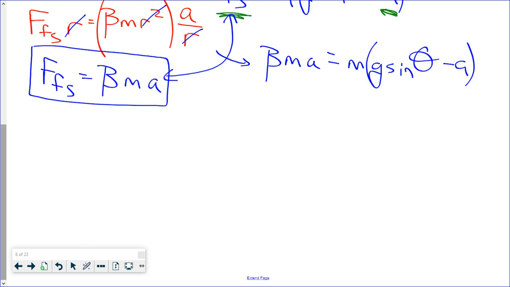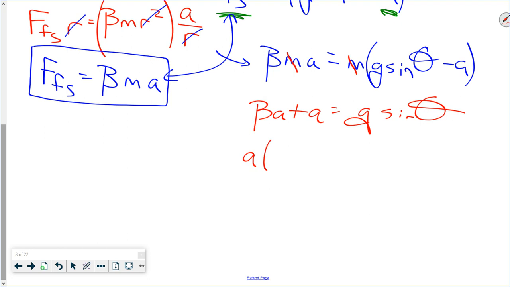Let's see what happens here. So the m's are going to cancel. So let's move all of our a's to one side. So I've got beta a plus a equals g sine theta. This is the same as a times 1 plus beta equals g sine theta.